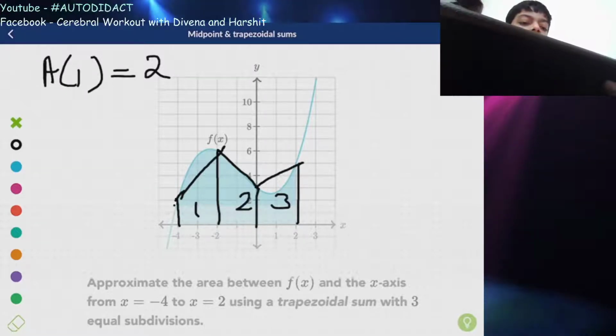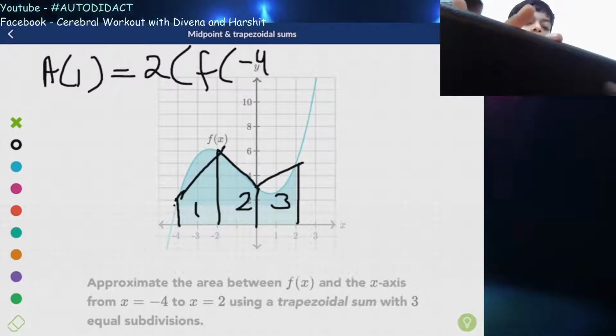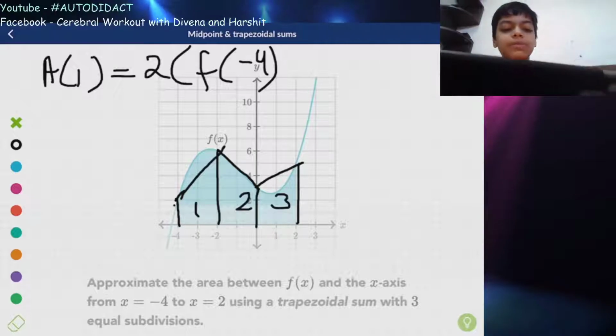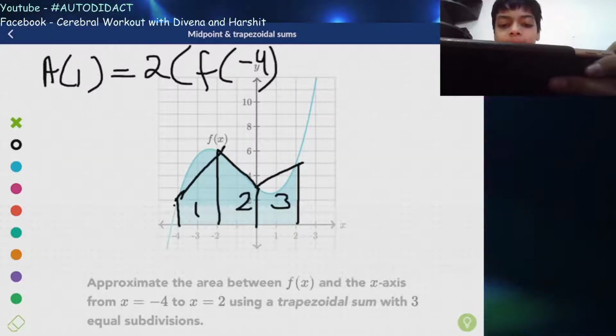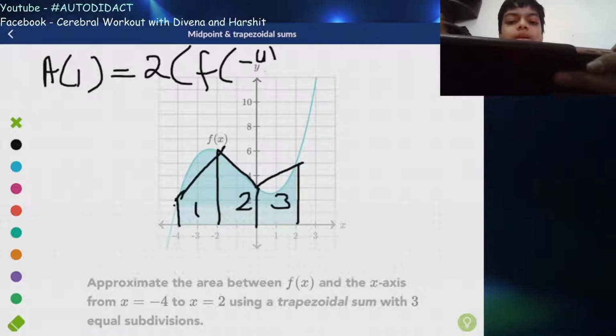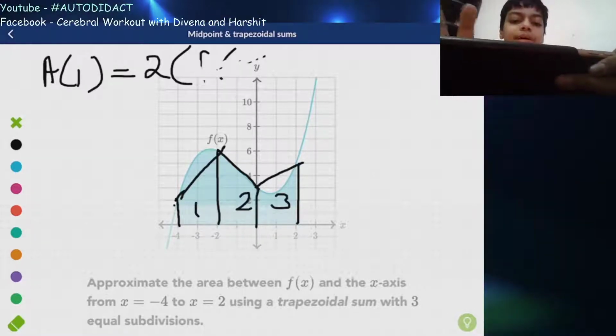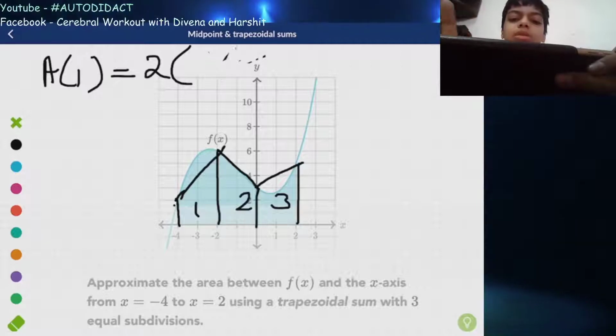So this will be times f of -4 plus f of -2. We can just solve this straightly. So f of -4, as we know, is equal to just 2.